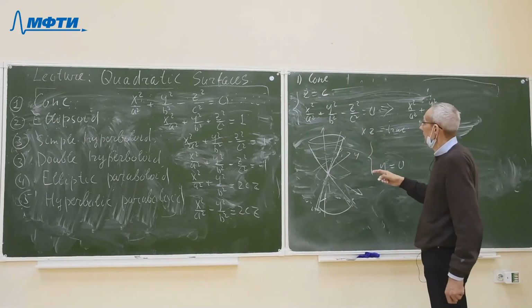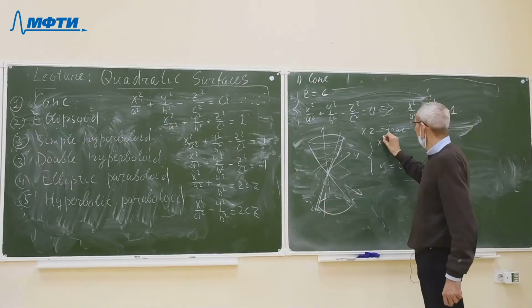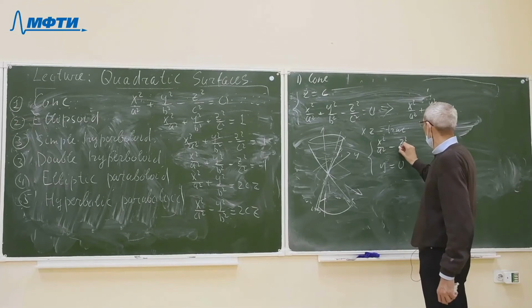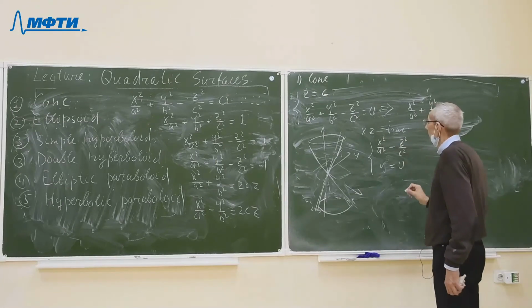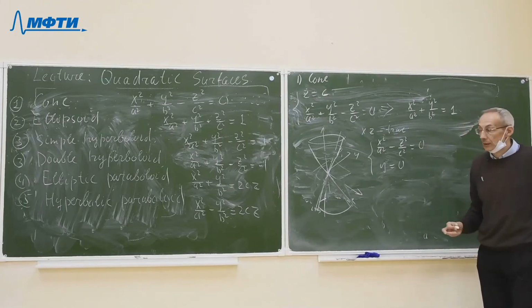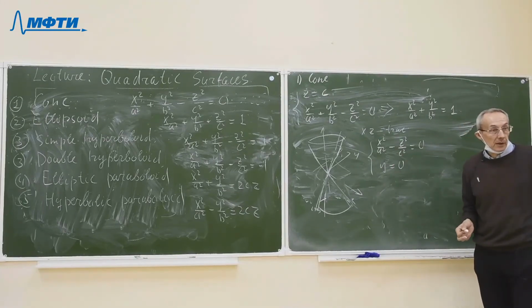And in this case, we obtain x squared divided by a squared minus z squared divided by c squared is equal to 0. What does this equation mean?